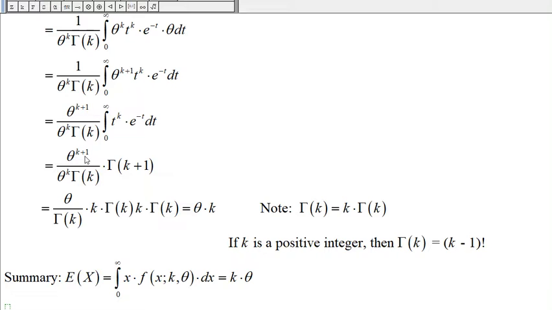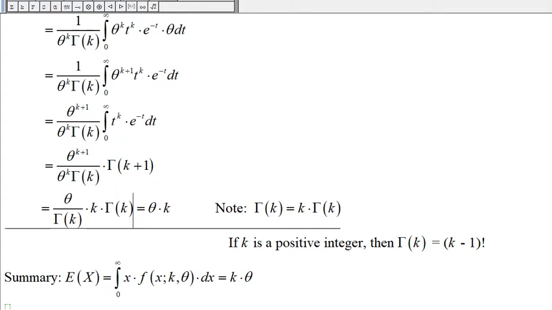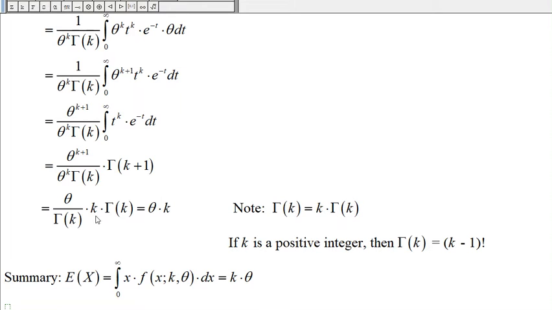Theta to the k plus 1 divided by theta to the k is just theta. Gamma of k plus 1 is k times gamma of k. And then we have gamma of k divided by gamma of k, which is 1.